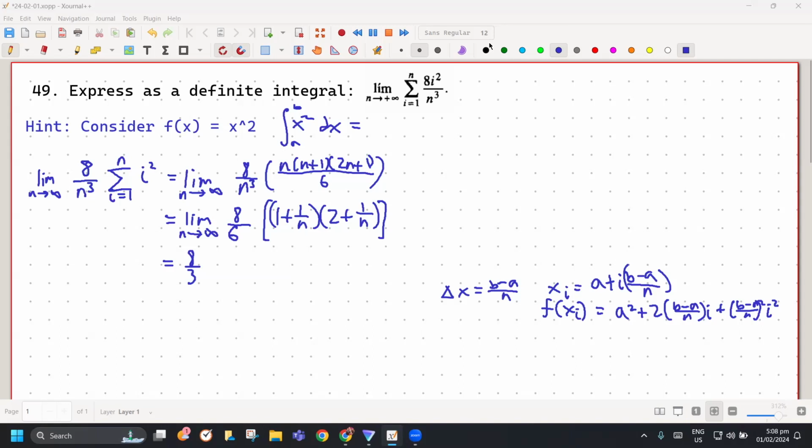Teka, nagsusad ka ba sa, nakashare ba yung external mo? Kasi stuck siya sa yung part na 8/3 eh. Ginagawa mo sa number 50. Pwedeng i-share mo yung screen para lumabas yung number 50.